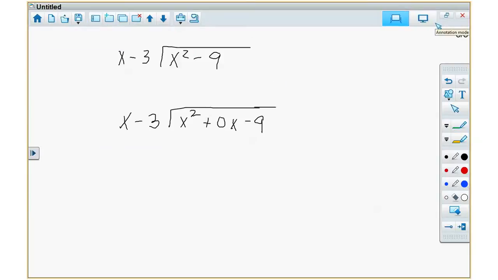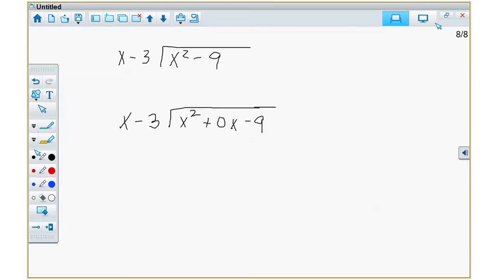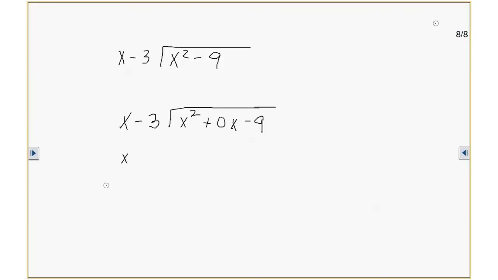Alright, so here we're going to do x minus 3. Okay, I've already put that in there, so that's fine.